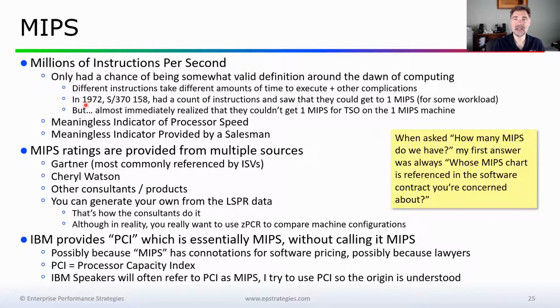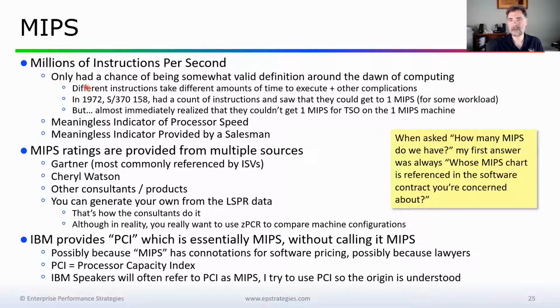I've understood that IBM in 1972 introduced the System 370-158, and they saw that they got a 1 MIPS processor, and they were very excited until they ran TSO on the machine and realized TSO was not generating 1 million instructions per second. So different instruction streams will give you different rates of instructions per second. But this MIPS today really is, again, just a relative measure of capacity.